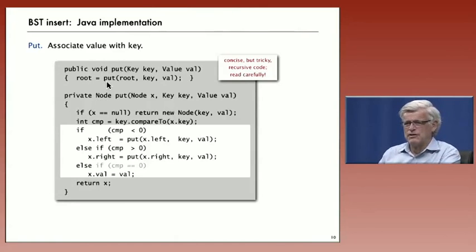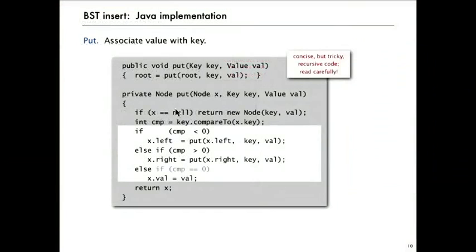But what we'll do is invoke our recursive method starting at the root, and whatever link gets returned, we'll set that to root. So right away we can see, let's suppose that we have an empty tree where root is null. So then if we put with null as the first argument, what we do is we say if the argument is null, return a reference to a new node that associates key with value.